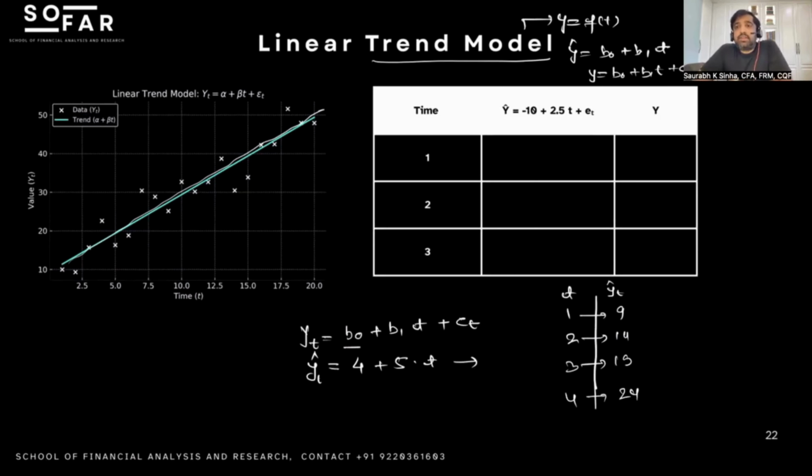I'm asking a question. Does this equation represent a growth in a constant amount or constant rate?